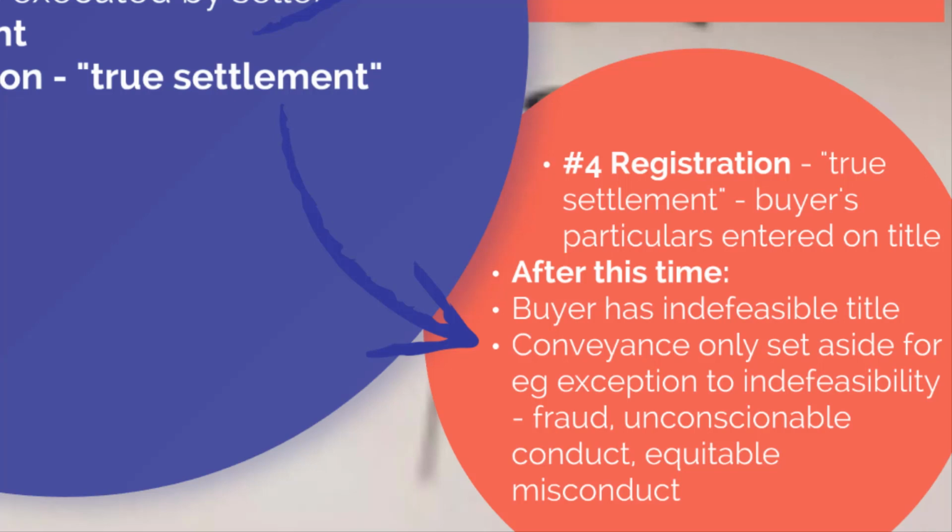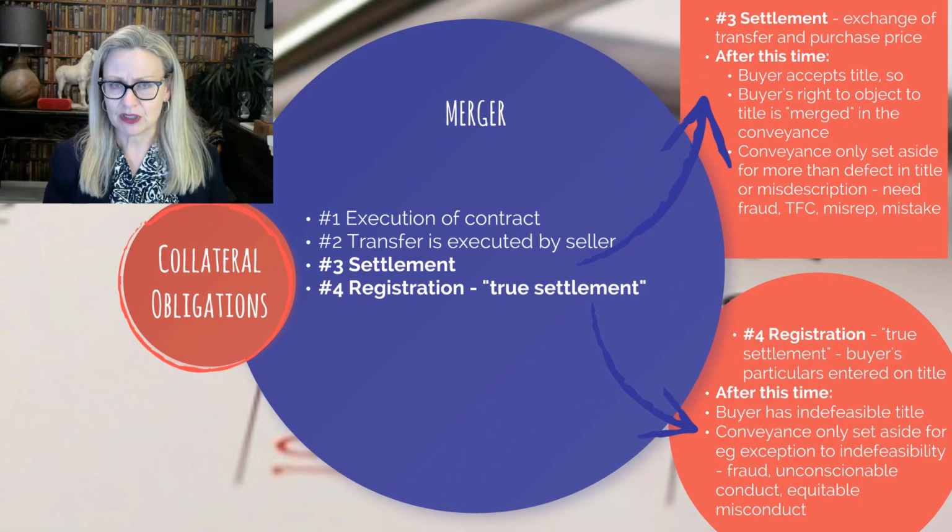Obviously because once they're registered on title, their title will be indefeasible, and it really is only if the buyer can squeeze the matter into one of the exceptions to indefeasibility that they will be able to back out of that transaction. So you're going to have some kind of fraud, unconscionable conduct, equitable misconduct, that kind of thing, in order to get out of your conveyance at that very late point in time.